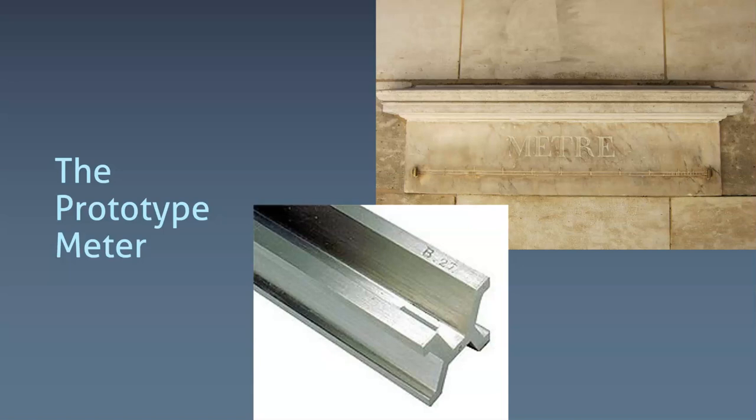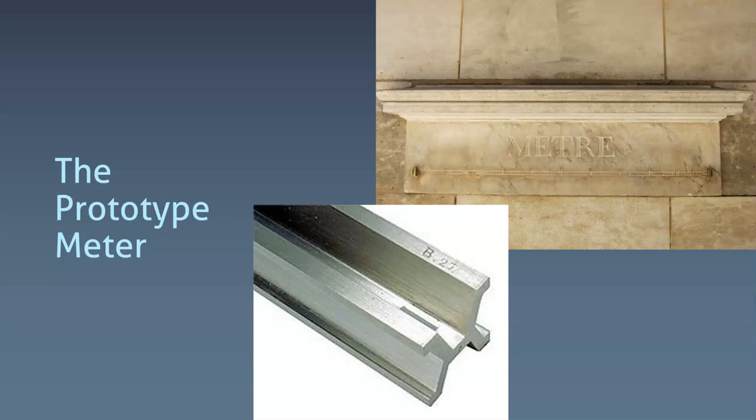Soon the first prototype meters were crafted out of platinum. They were bars that were exactly 1 meter long. In the late 1800s, new prototypes were produced from a platinum iridium alloy. These standards, like the one shown in the lower picture, were longer than a meter, but they were marked very accurately.